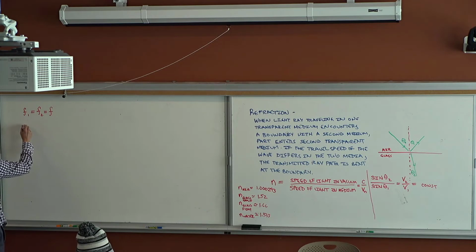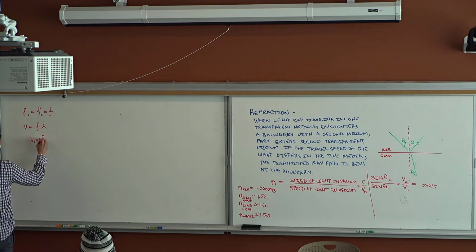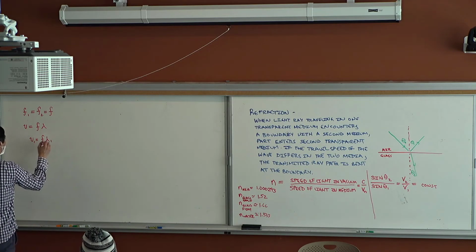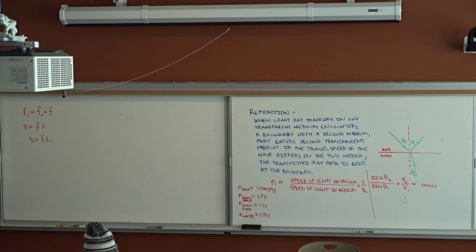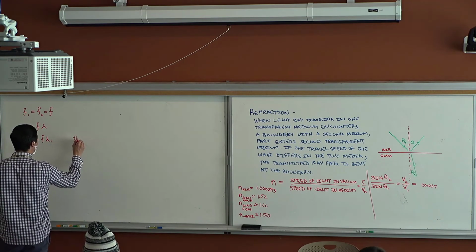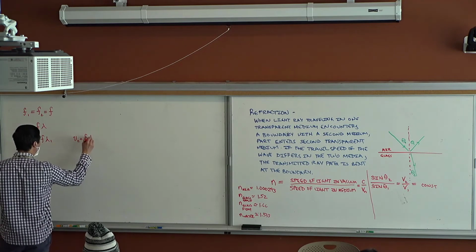And we have that wave speed goes as f lambda. So then v1 is equal to f1 lambda 1, or f lambda 1. And v2 is f lambda 2.